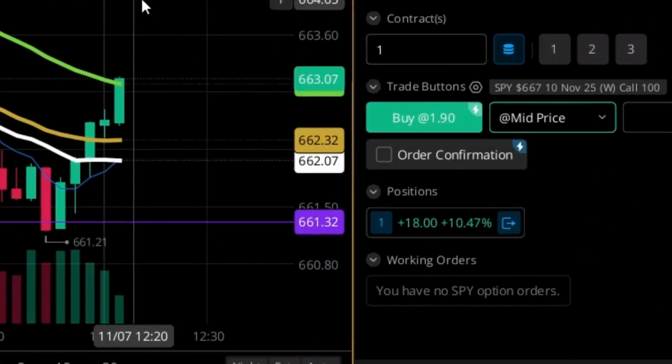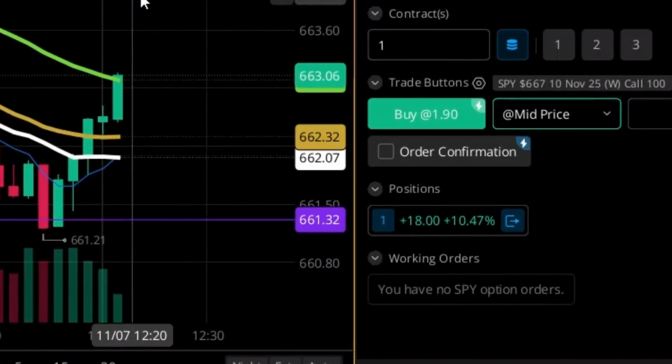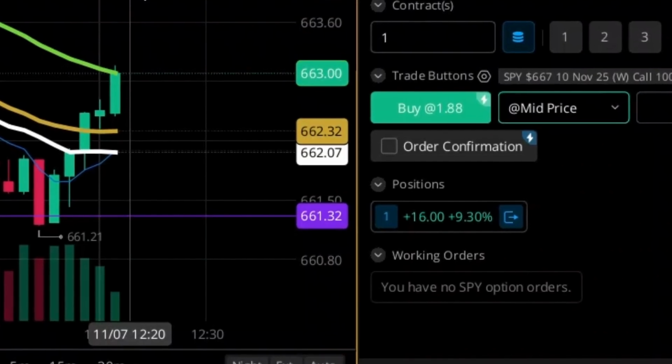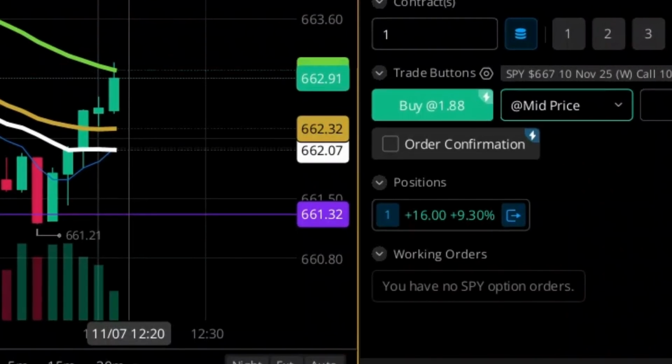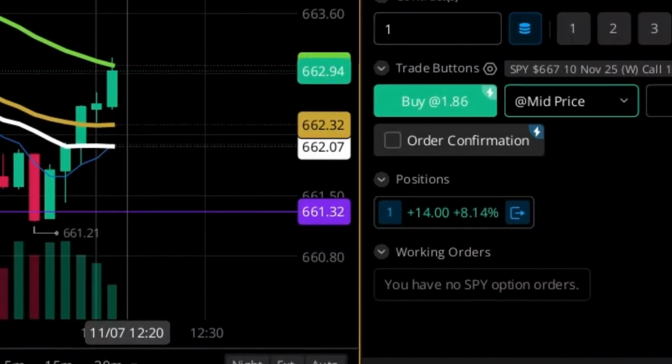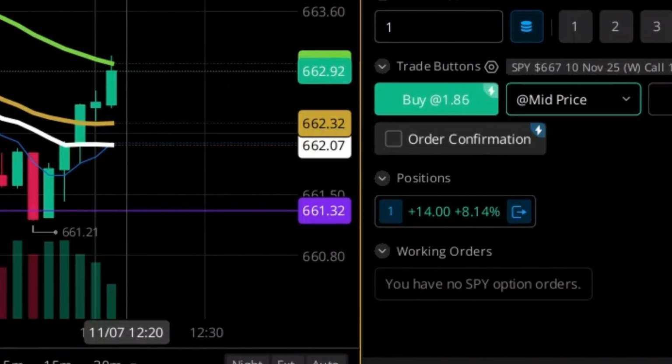And the best way to do that is to not be a one contract trader. Right now we are building our account up with strong trades, a good foundation for consistency, focusing on percentage.